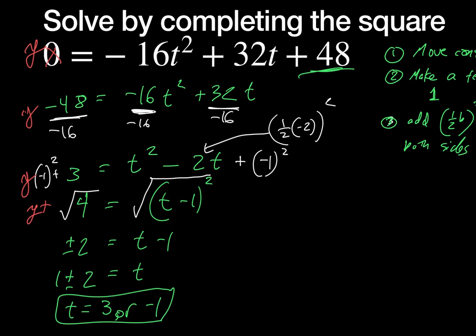But we wouldn't have ended there. We would have actually ended here. So the equation would have been y plus 4 equals (t minus 1) squared.